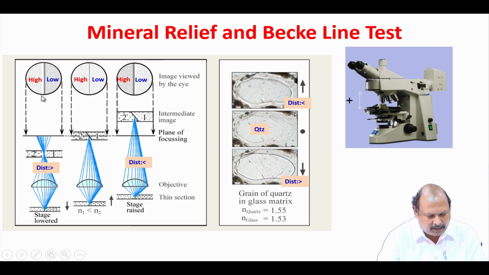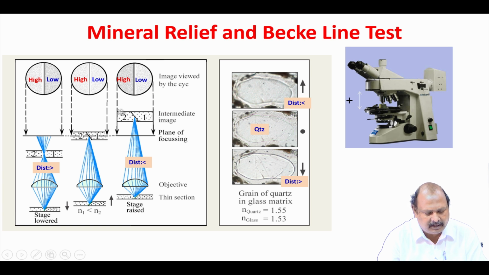This white line, which is the Becke line, moves towards the mineral of higher refractive index, and the converse will be when the stage is raised. That means in that situation the distance will decrease, and when the distance decreases, the Becke line moves towards the mineral of lower refractive index.